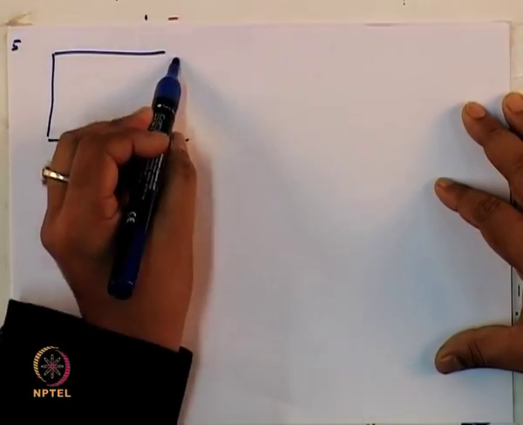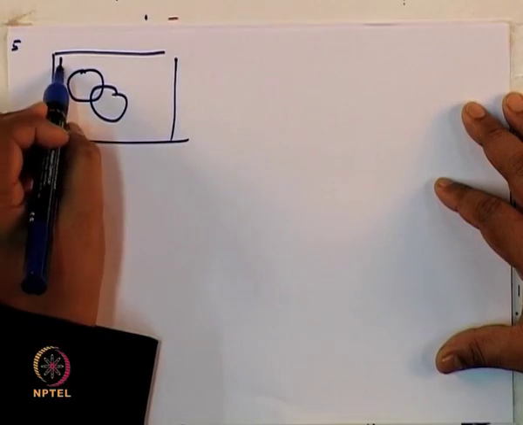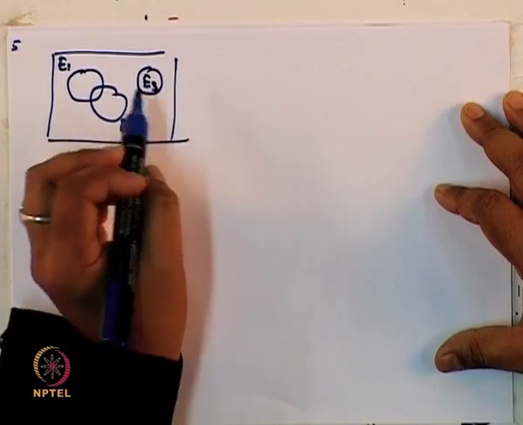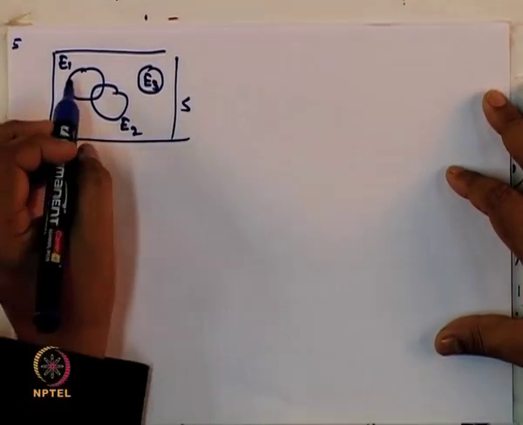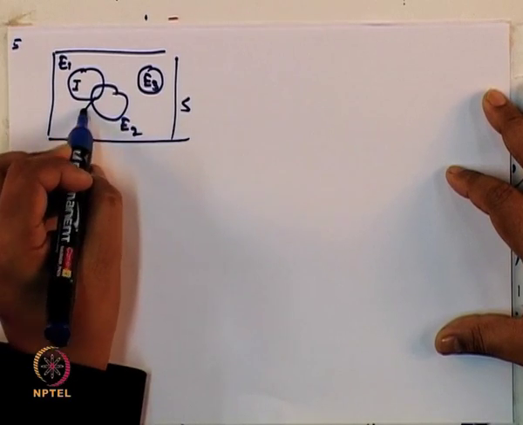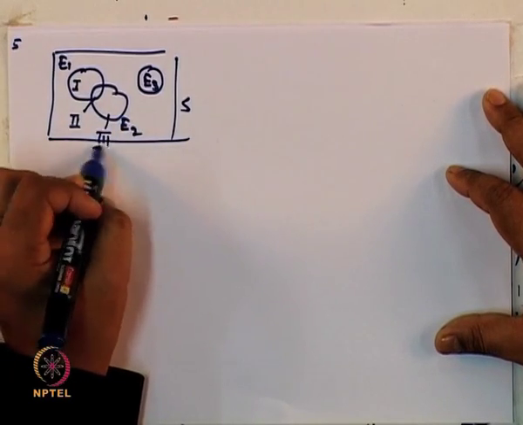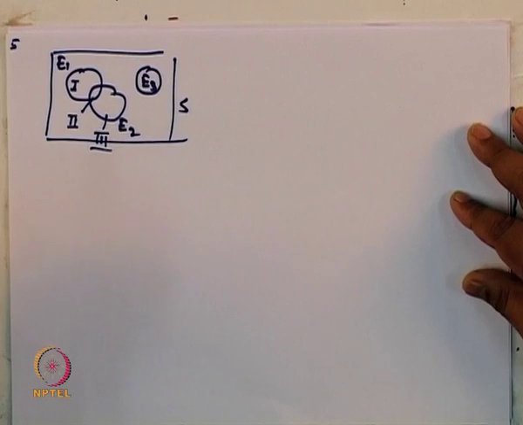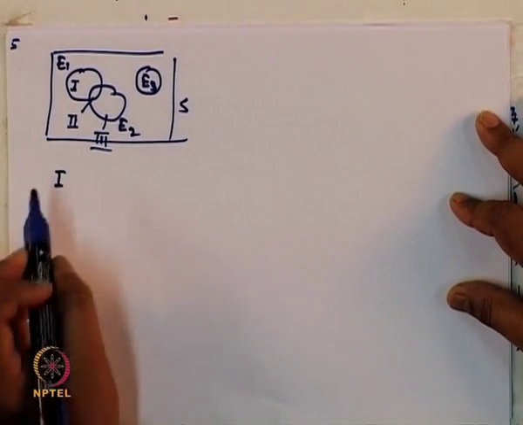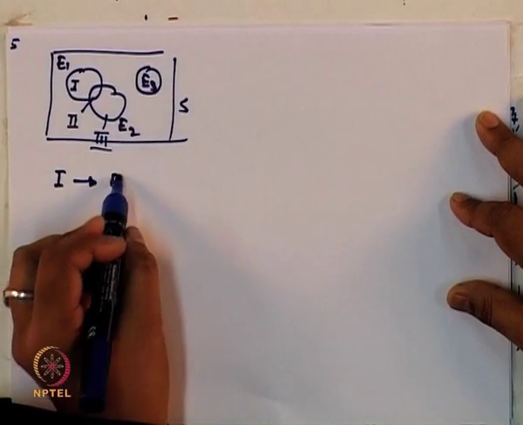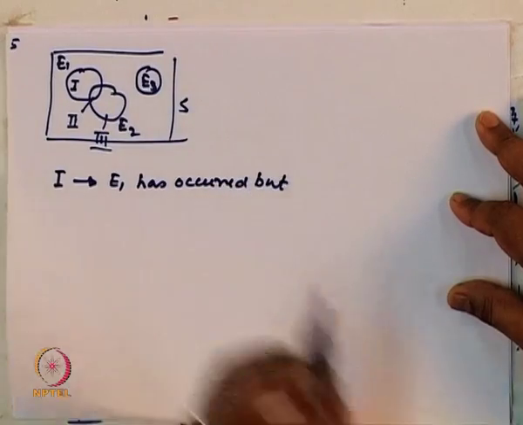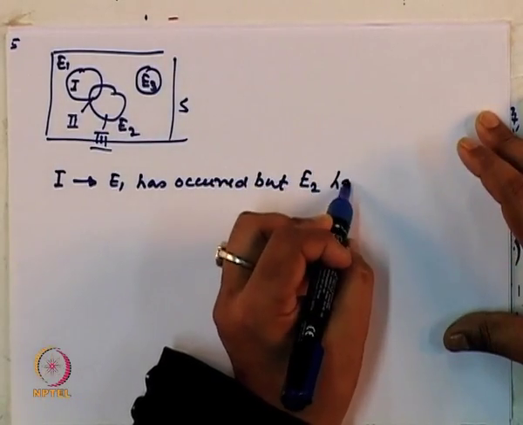Okay. So, now let us again go back to the sample space. You have E1 here, E2 here, and E3 here, and this is your whole sample space. Let me divide this into 3 segments labeled as 1, 2 and 3. So, what does zone 1 implicate? Zone 1: E1 has occurred, but E2 has not occurred.